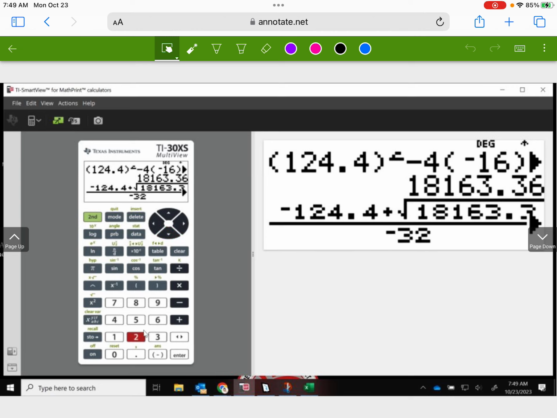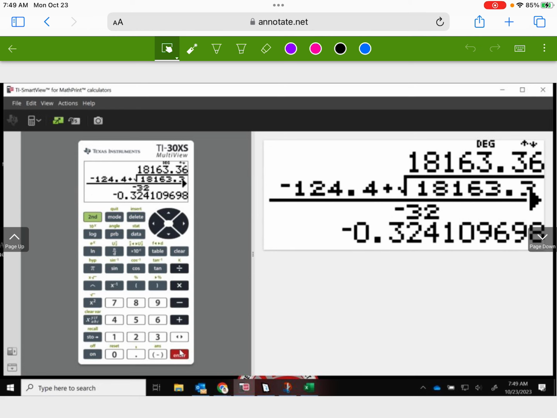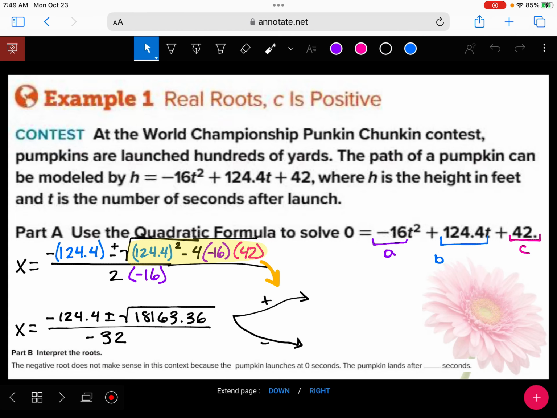And we can just type the whole beastie boy in. And since it's gross enough, even the calculator goes, ew, and hops straight to decimal form. So you have negative 0.324.